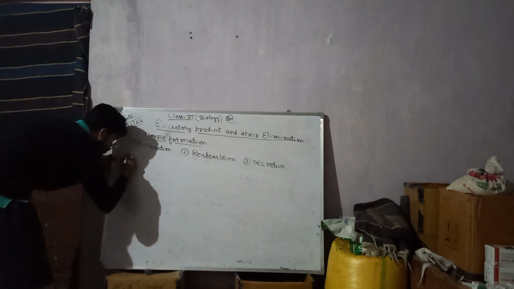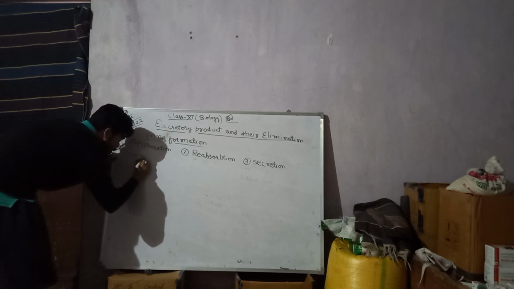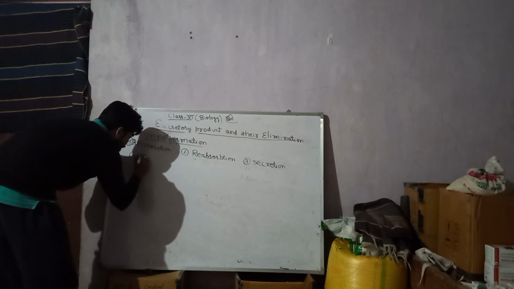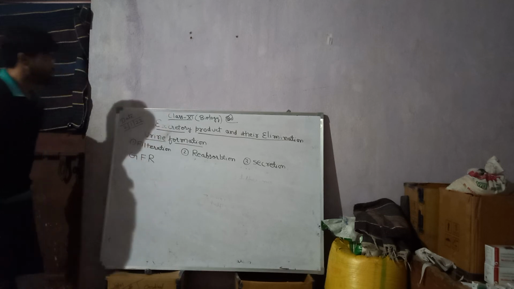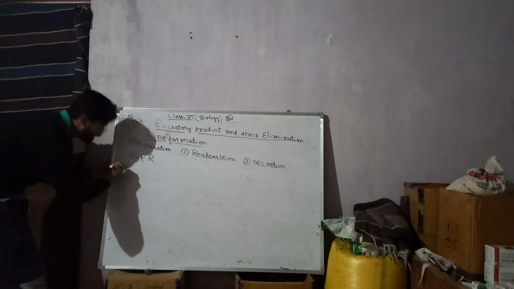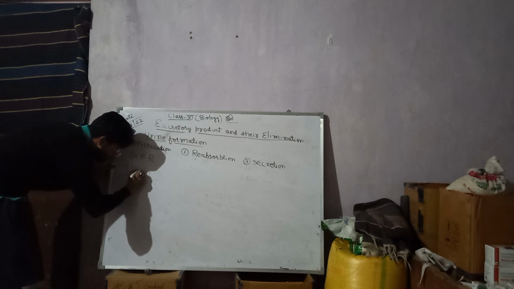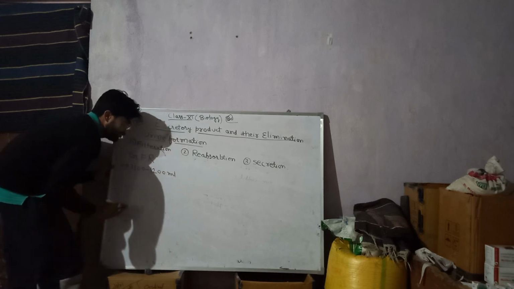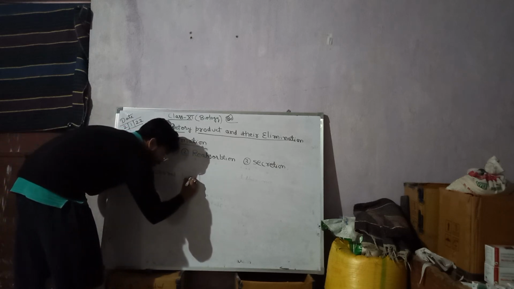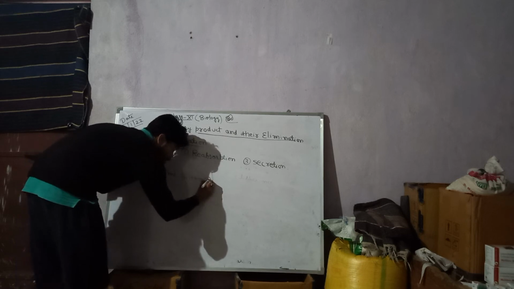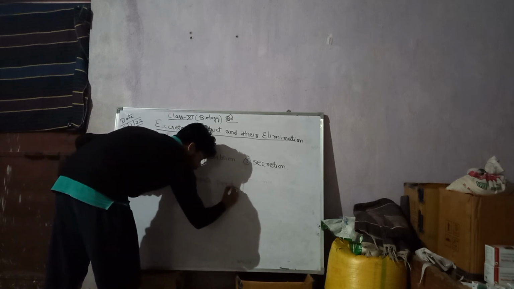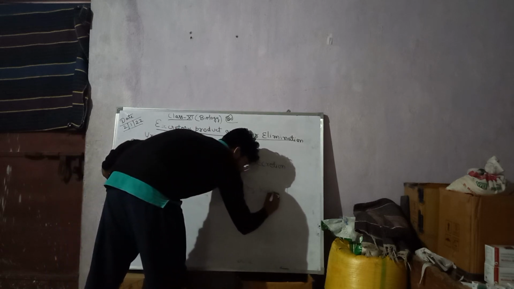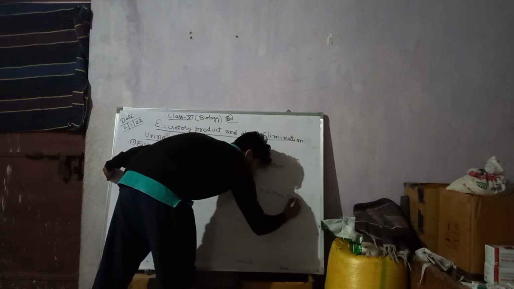This GFR is glomerular filtration rate, and it is 100 to 120 ml filtrate produced by kidney per minute.